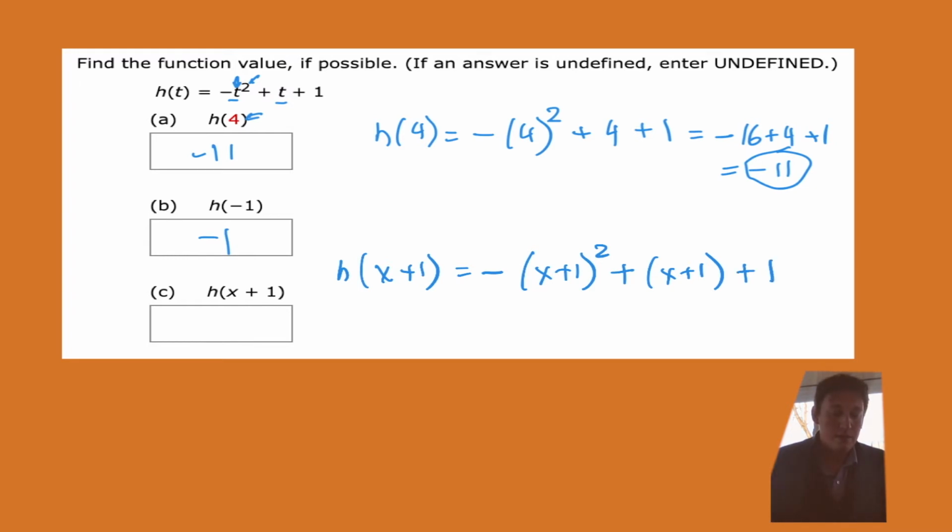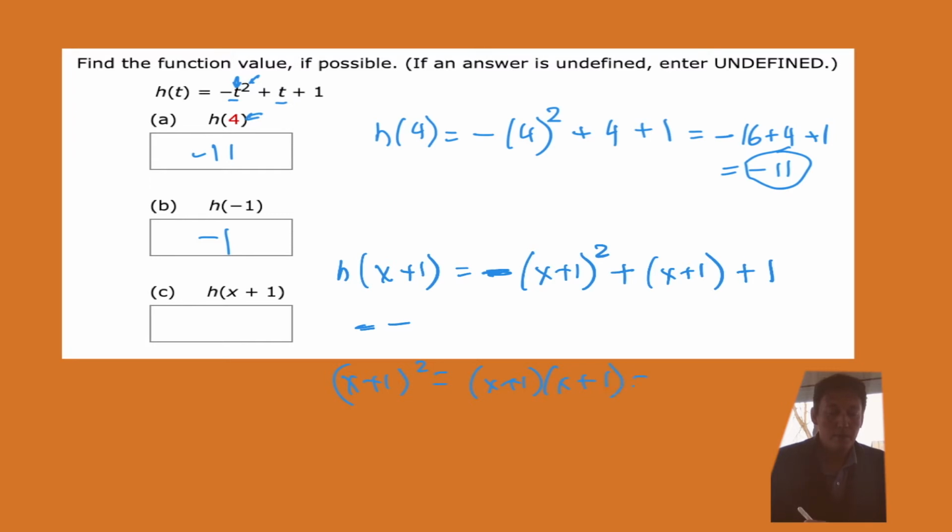So now you would just simplify and just keep that negative there. We're not going to touch that. But x plus 1 squared, very common mistake. Very common mistake is that people will write x squared plus 1 squared, which is x squared plus 1. And that is not the complete answer. x plus 1 squared means the same thing as x plus 1 times itself, or x plus 1.